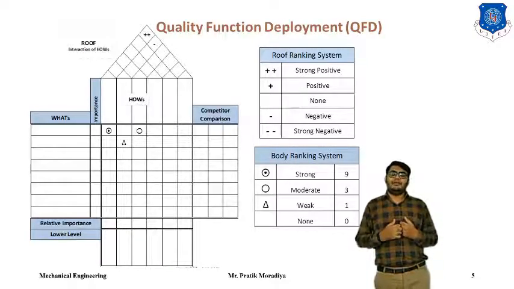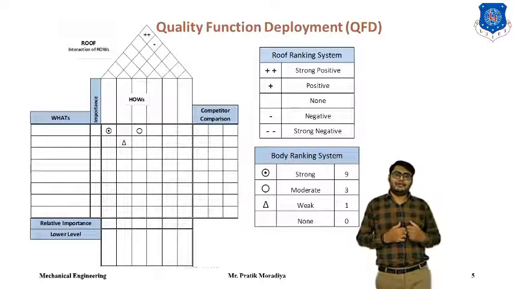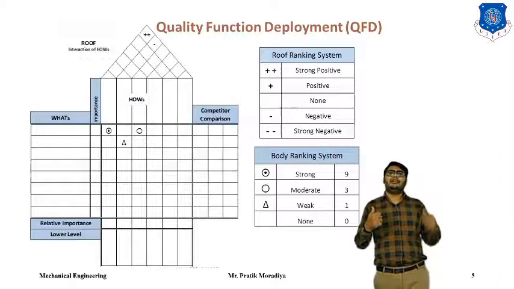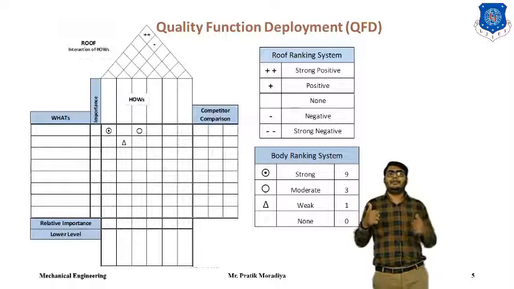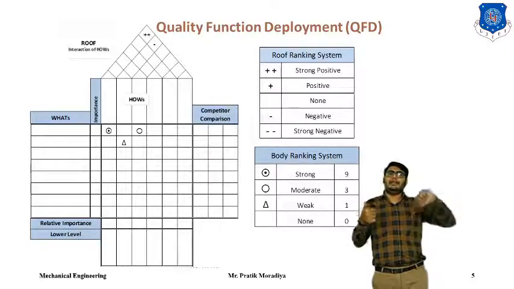For example, if we talk about strength and weight, if we want to increase the strength, chances are that the weight will also increase. So they will have a positive relationship. But if we compare cost and quality, then they will have a negative relationship.